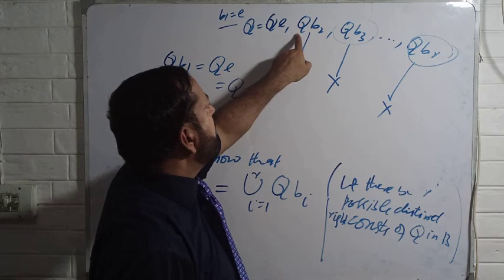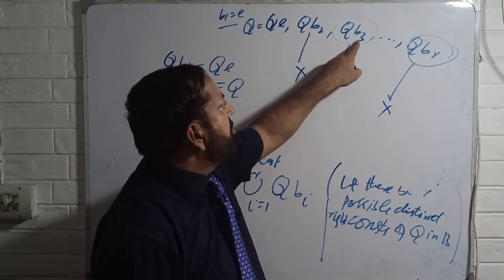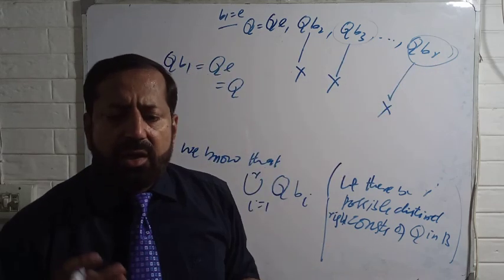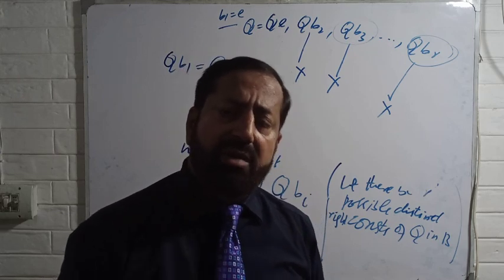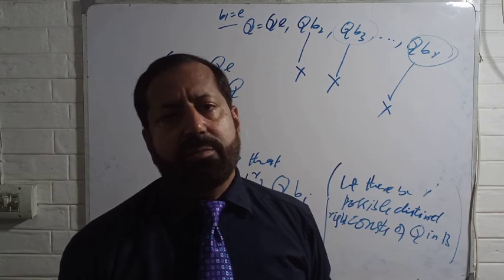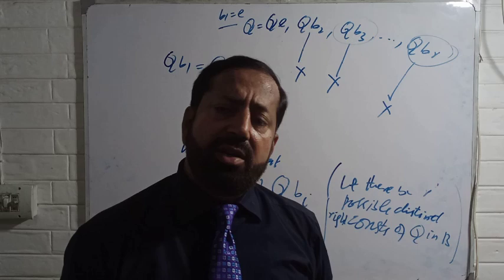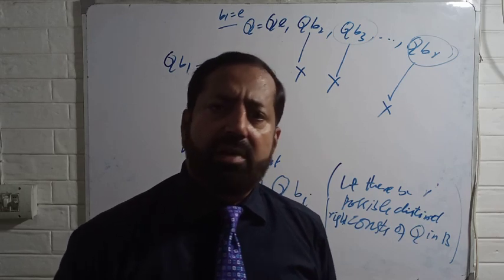So this means that since QB2 is not a group, QB3 is not a group, QBR is not a group, you know that if you find all right cosets, then only one right coset, which is in fact H itself, with the help of the identity, is a subgroup. Because if identity is in H, then identity can never be an element of any other right coset.